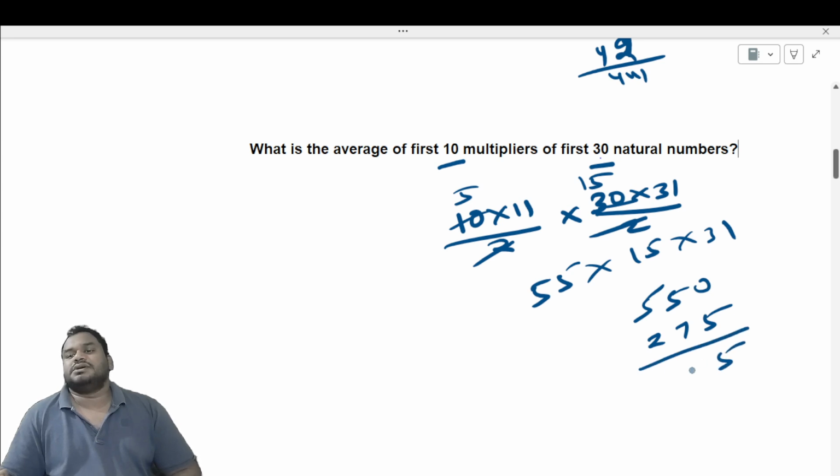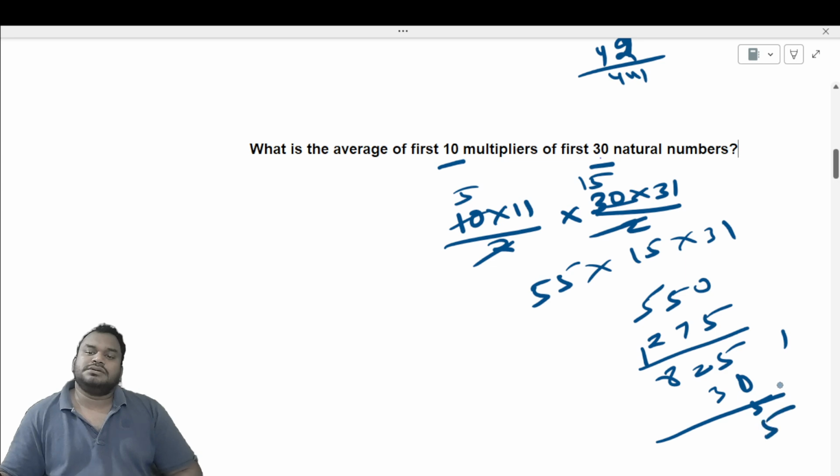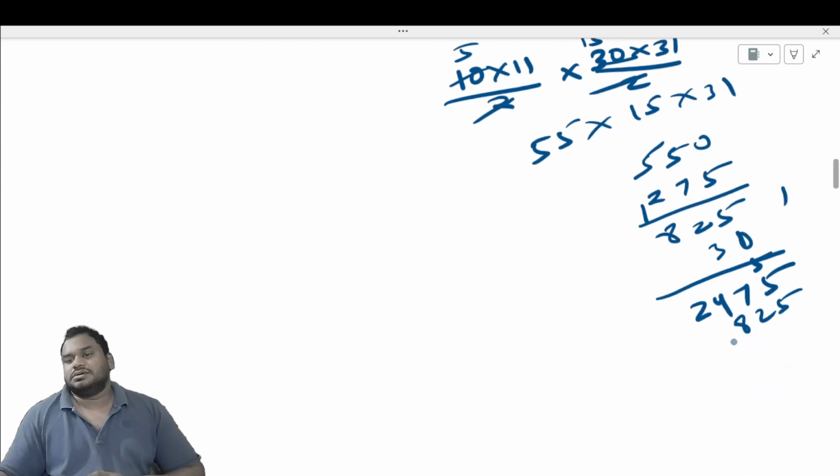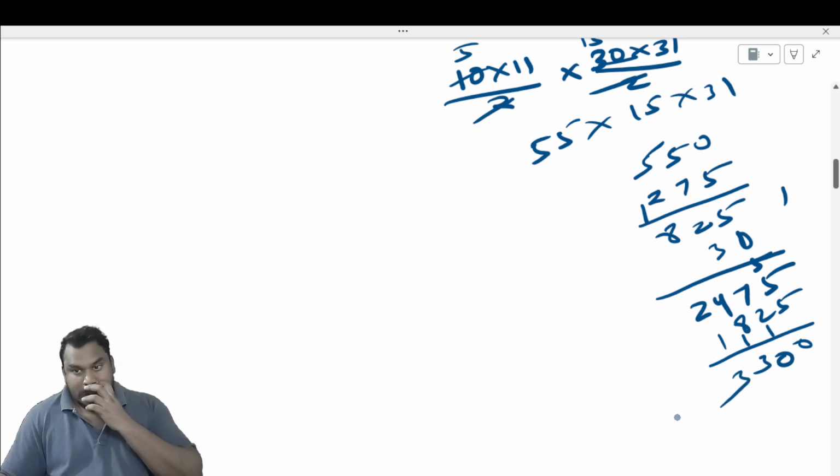So it will be 5,125. 825 into 31. 825 into 30 you do first, then add 825 to that. 2475 and add 825 to this. 3300 is the answer.